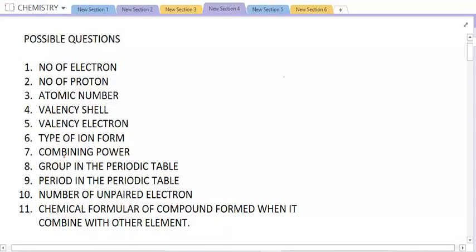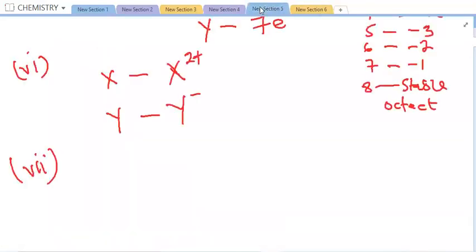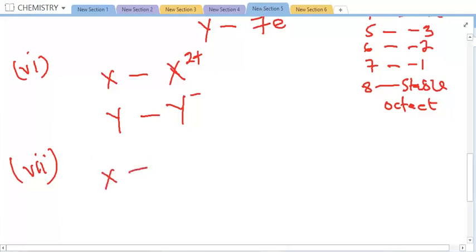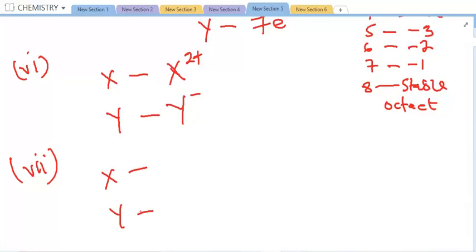So number 7, combining power. First you need to know the meaning of combining power before you determine the combining power of X and Y. What is combining power? It is almost the same as what I just explained, but it has its own definition.